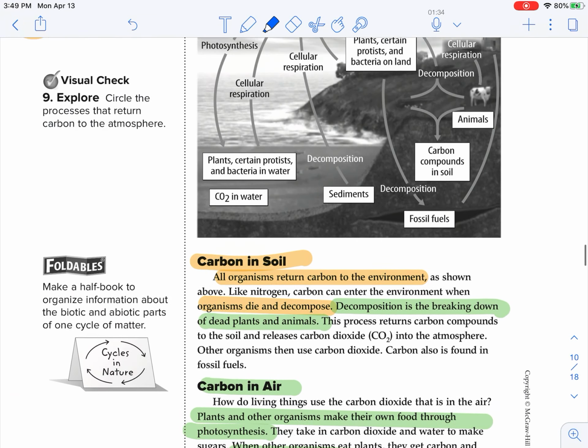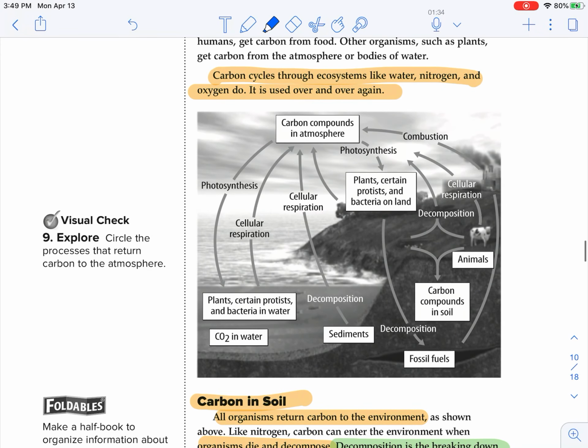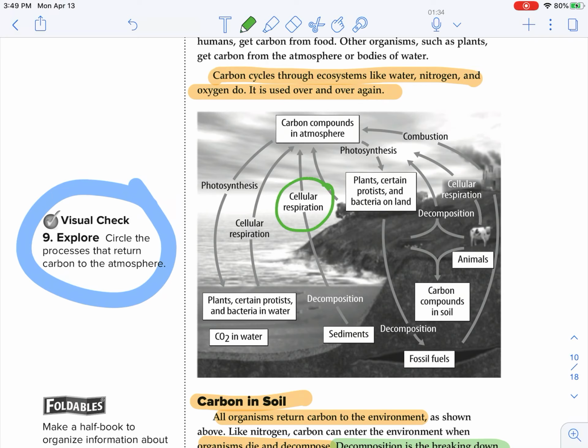Okay, so let's come back up here. All right, go ahead and erase this. Okay, so let's go ahead and stop and do this. Circle the processes that return carbon dioxide to the atmosphere. Cellular respiration does that. That is a byproduct. Decomposition does that.